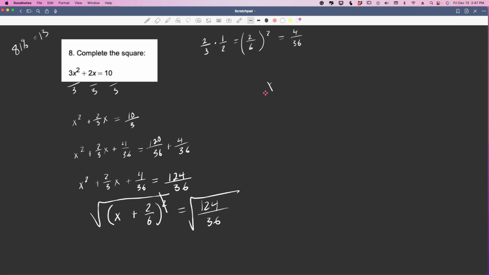And now I have x plus 2 over 6 is equal to the square root of 124 over the square root of 36, right? The square root of 36 is, well, actually this is plus or minus, sorry, 6, so that's going to be the square root of 124.